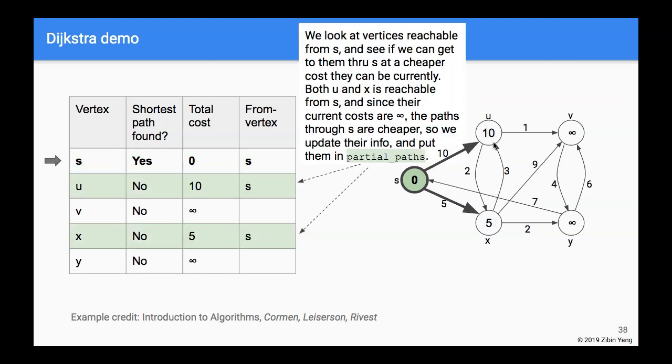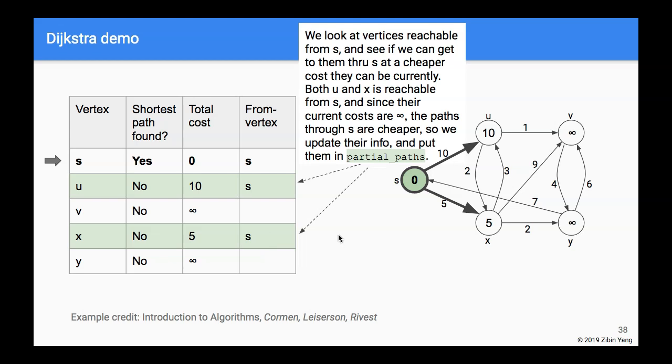So for both of them, coming from vertex S has a lower cost than 10 and 5. They're smaller than infinity. So we update the total cost for both of these vertices, and we remember we can reach U and X from S, and then we put these two paths in the list of partial paths.